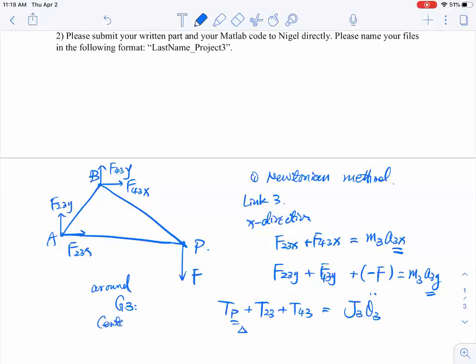That's the center of gravity. So where's the G3? Do you have any ideas how to calculate it?